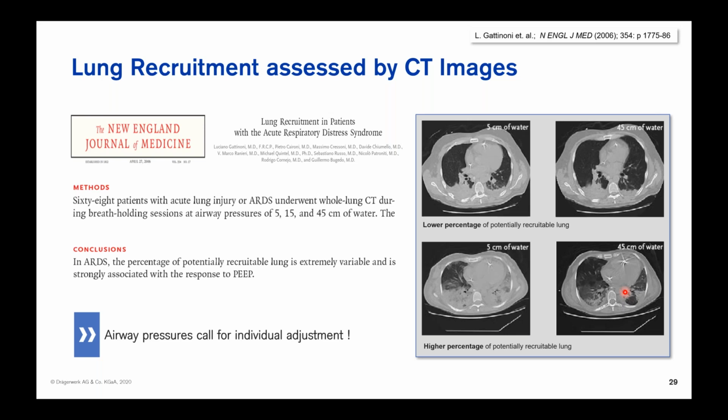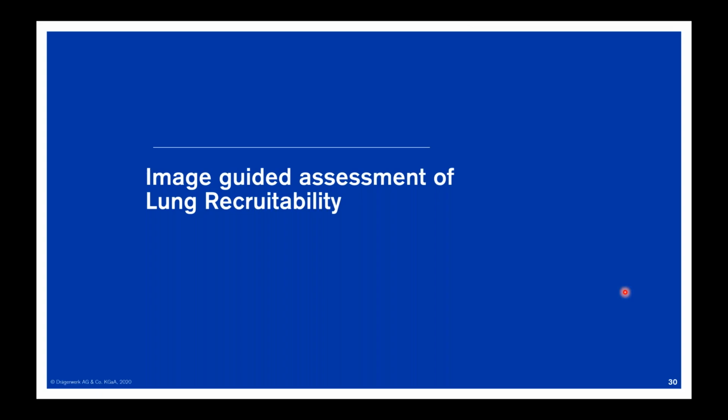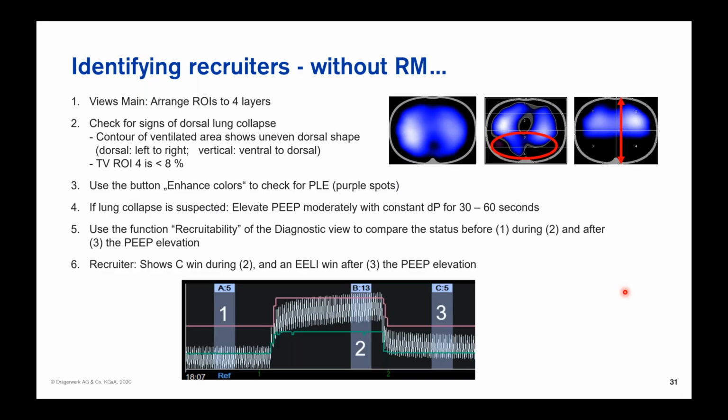However, as we all know, CT scan is not always suitable and also not always accessible for that purpose. So how can image-guided assessment of lung recruitability give some information on which of our patients is a responder and a non-responder? First of all, I would recommend to just take a look at the static tidal image that we get presented in EIT.